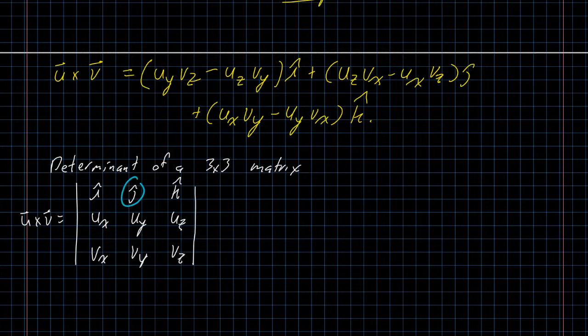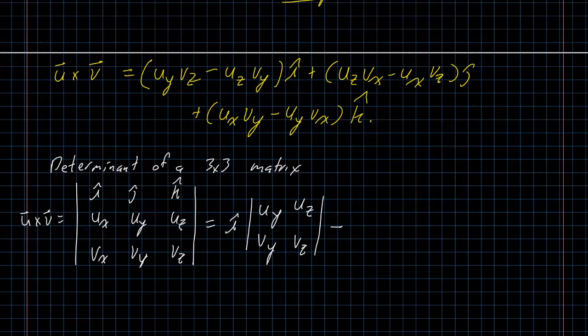J hat gives you this weird 2 by 2 matrix if you leave all that out, and then k hat is a relatively easy one. And you alternate between addition and subtraction. So it'll be i hat times the determinant of the 2 by 2 matrix if you eliminate the row and column that have i hat: uy, uz, vy, vz.